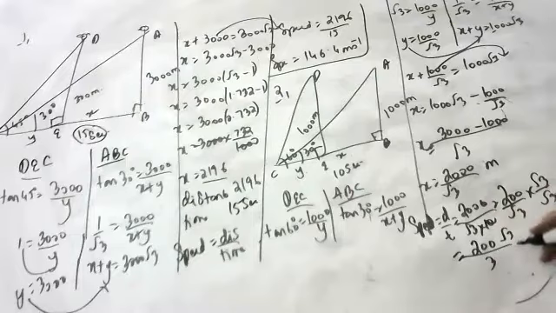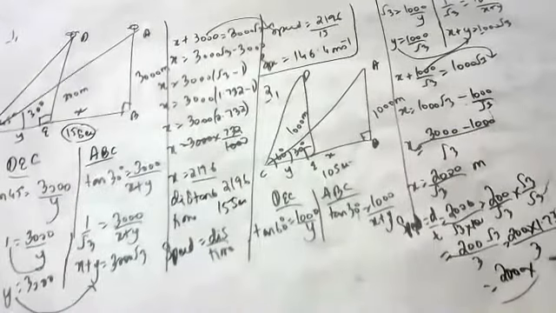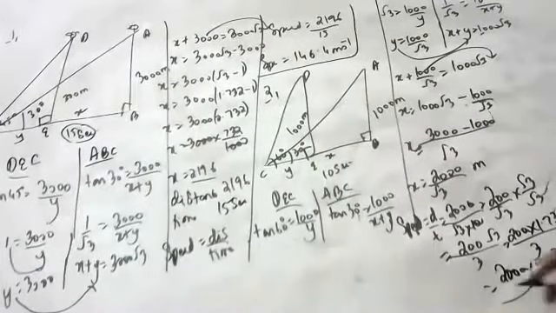That is meter per second. 200 into 1.732 by 3, that is equal to 200 into 1732 by 1000 into 3.